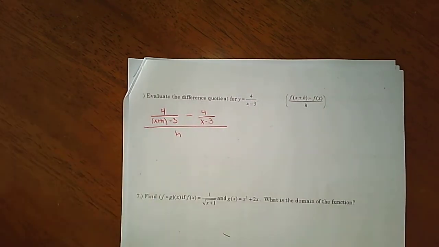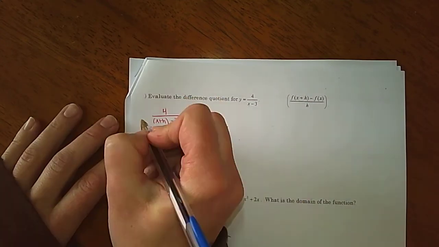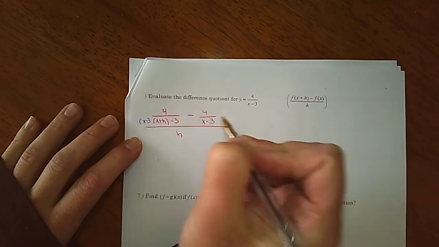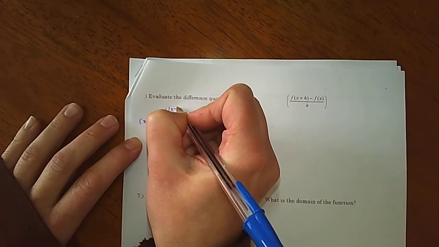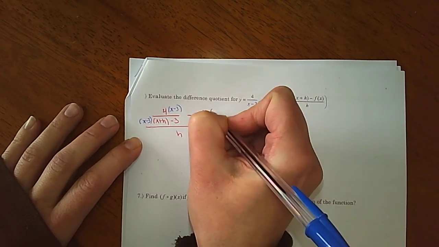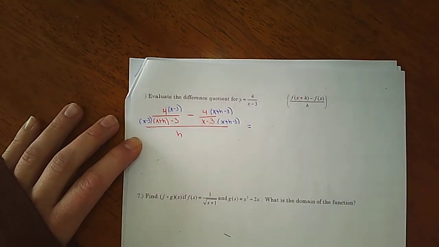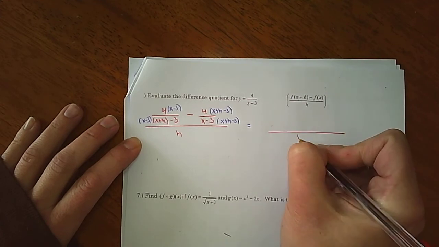Okay, now we're subtracting fractions, so I need a common denominator. These denominators are totally different. So I've got to multiply this guy by x minus 3 and this guy by x plus h minus 3. So now, got an h on the bottom.